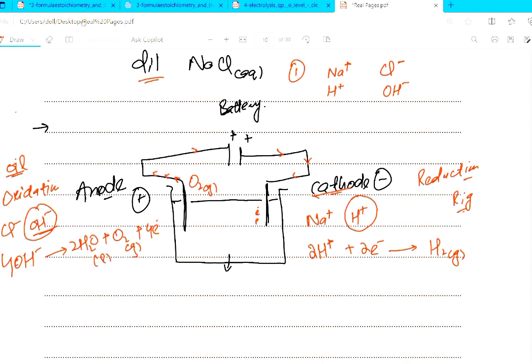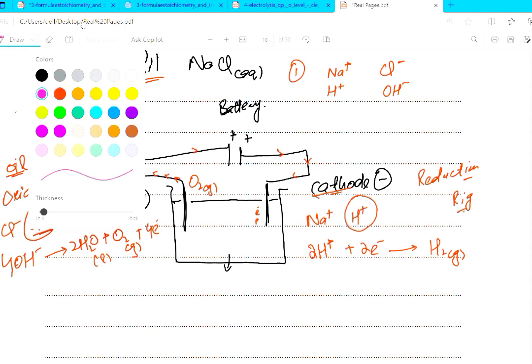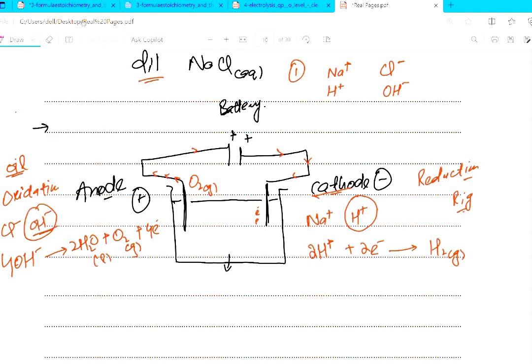What's the remaining? You identify the fourth step. This is the third step. The first step is what happens on the cathode, or you can take the anode first. Summary: what is the remaining? We have to identify that sodium is remaining and chlorine is remaining, Na plus and Cl minus, so NaCl.